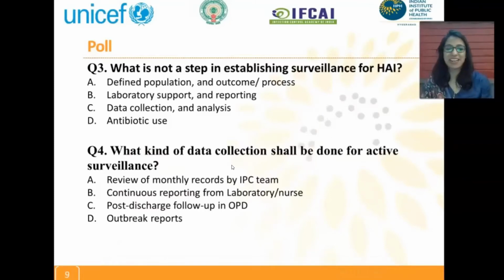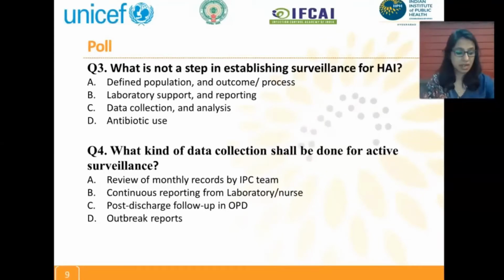Let's take another poll. I'll read this question for you, and you can see the poll on your screens as well, and you can mark it. So question 3 is, what is not a step in establishing surveillance for healthcare acquired infections?